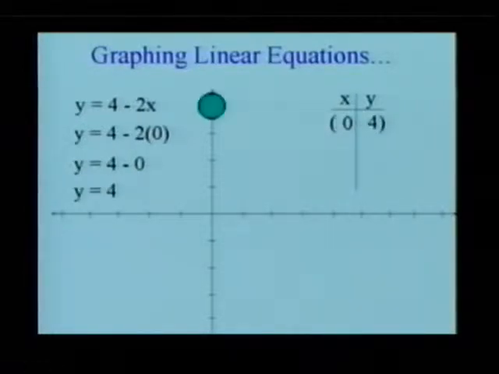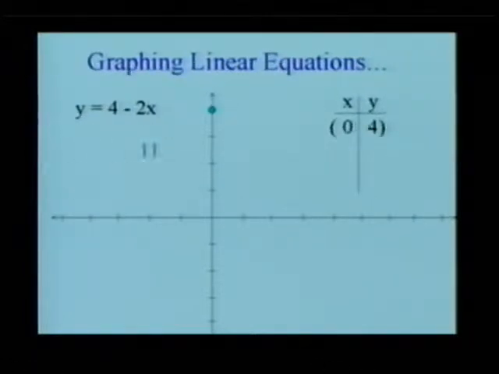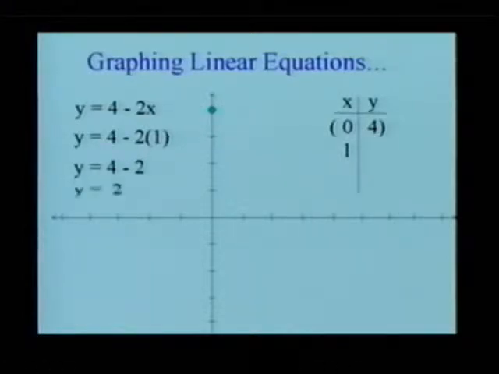There's one point, the point 0, 4, over none and up 4. Okay, what's another easy thing I can put in? Let's put in 1, the next easiest thing, okay? Let's see. 4 minus 2 times 1, I'm putting it in for x. 2 times 1 is 2, so 4 minus 2 will be 2. And there's our second point, over 1 and up 2.